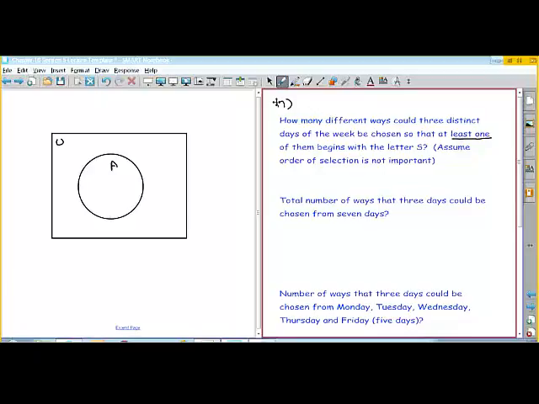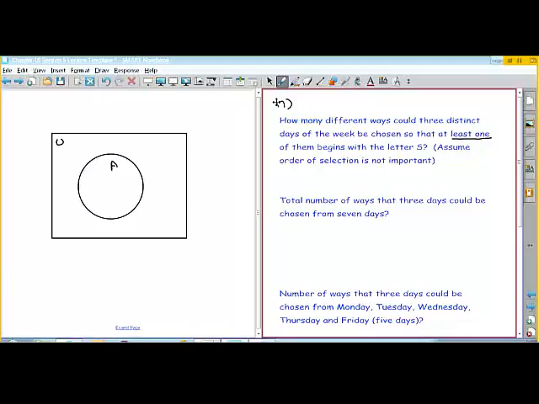So what you have to do is think about, is there any way I can answer this problem without having to answer the original problem, at least? So what we need to do is pick 3 days of the week. The opposite of at least one is none.